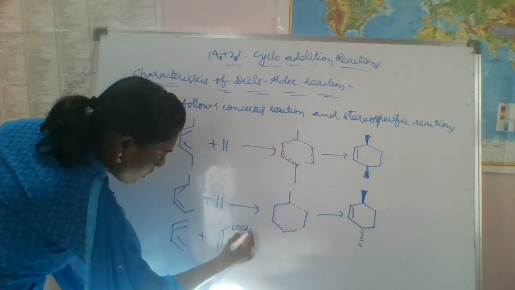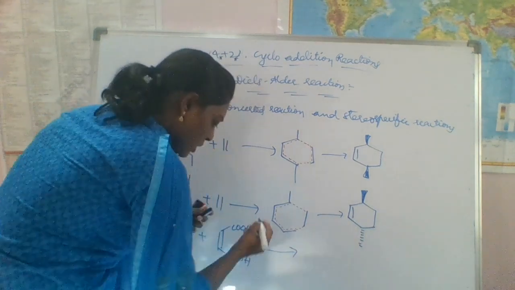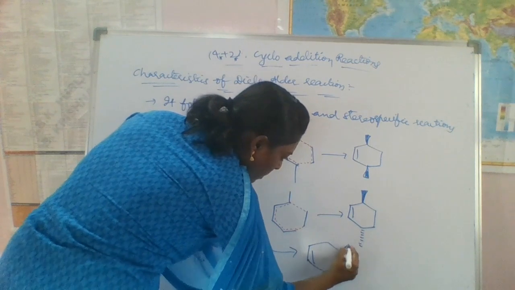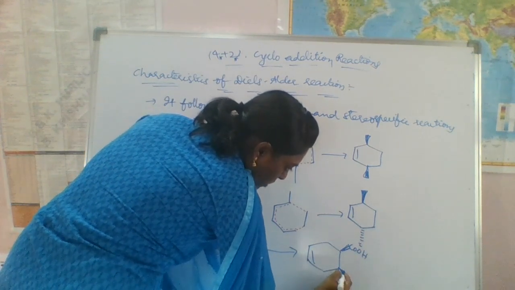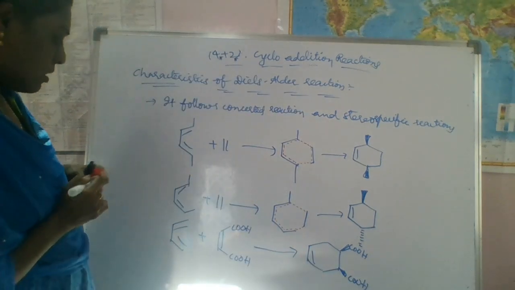This is COOH and this is COOH, right? So we can write directly, this is there, this is COOH and this is COOH. Okay. So like this we have to write this one.